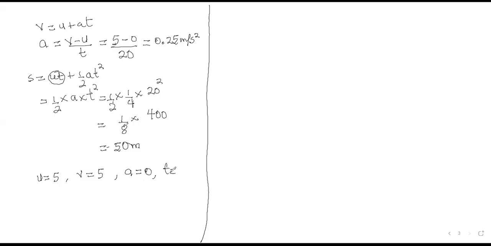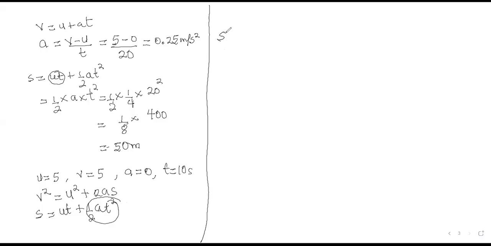Time used, 10. So using v squared is equal to u squared plus 2as. Because acceleration is 0, this will not help us determine s. But when we use s is equal to ut plus half at squared, this part will go to 0 because a is 0.